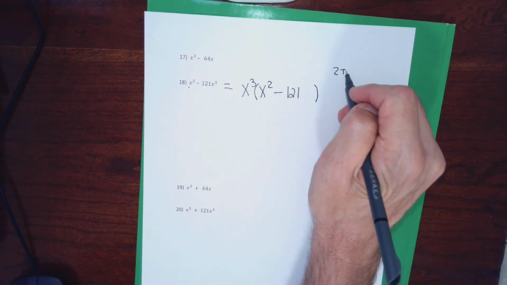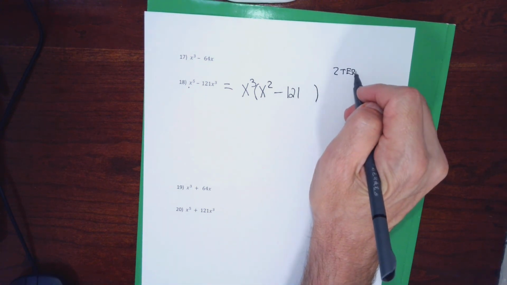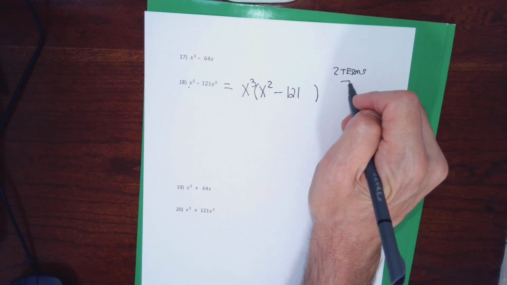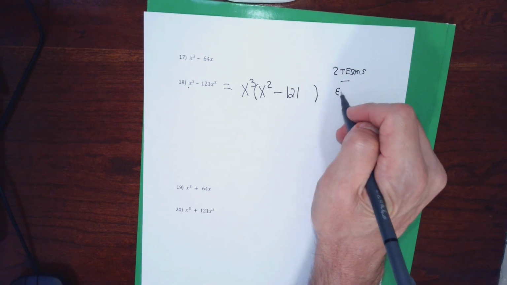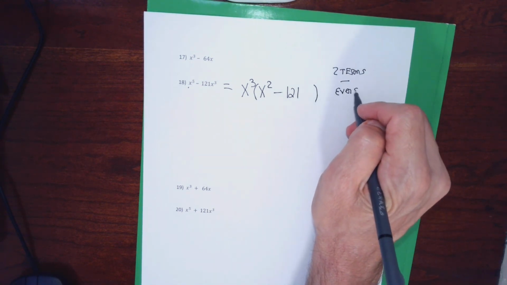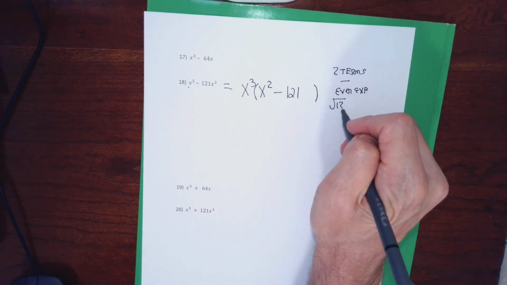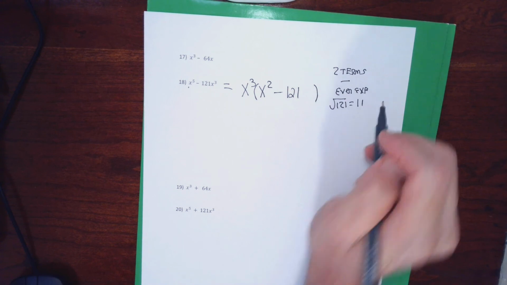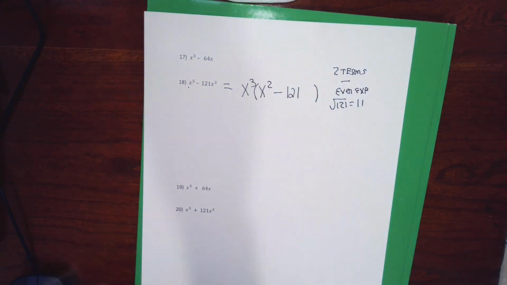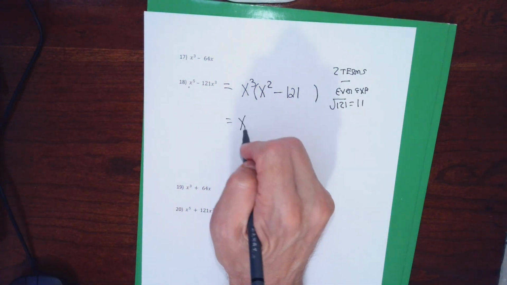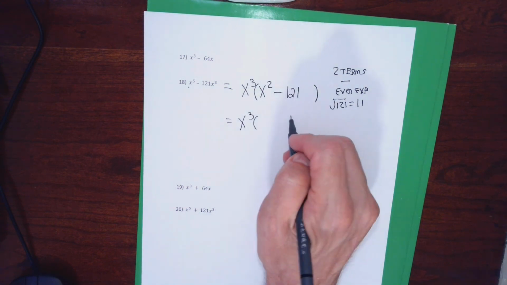Specifically, inside my parentheses, there's 2 terms, a minus between. The exponent is 2, so it's an even exponent. And the number 121 has a perfect square root. So it's a difference of squares inside the parentheses, and it's going to factor.